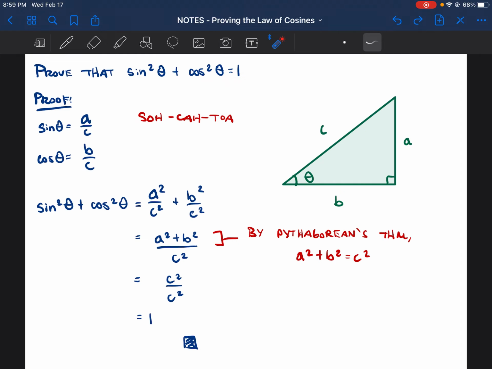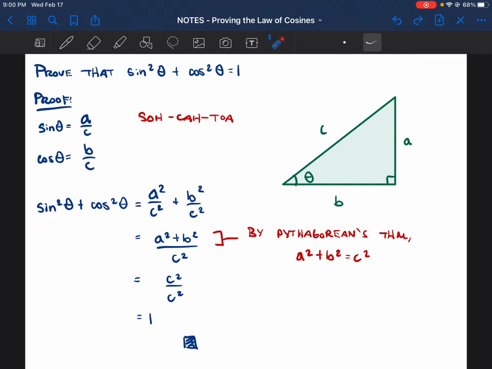And the reason this works is because, let's take a generic right triangle right here. Well, if this is the angle theta and C is the hypotenuse because it's across from the 90-degree angle, then sine of the angle theta is going to be opposite over hypotenuse, so A over C. Cosine of this angle theta is going to be adjacent over hypotenuse, so B over C.